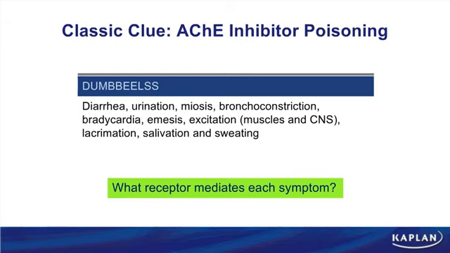Salivation, that's overstimulation of M3 receptors. And sweating is also caused by muscarinic receptors, and those receptors are M3s. Isn't it true that most of DUMBBELSS is M3 mediated? Exceptions up to this point have been bradycardia, that's M2, and emesis, M1.